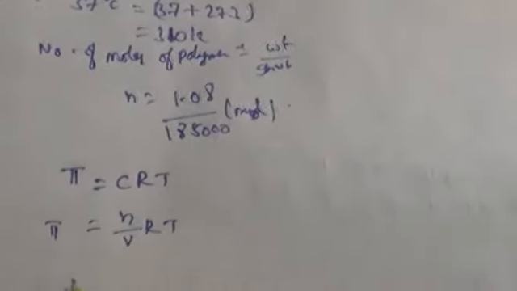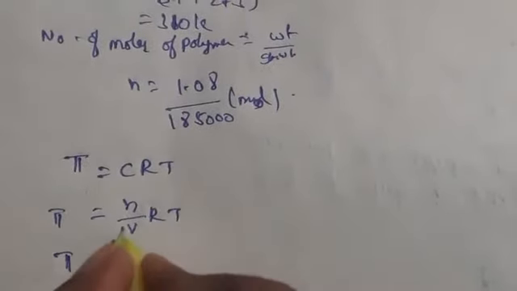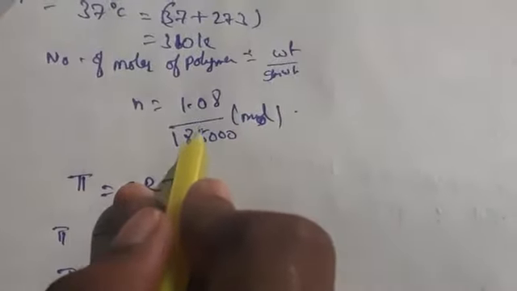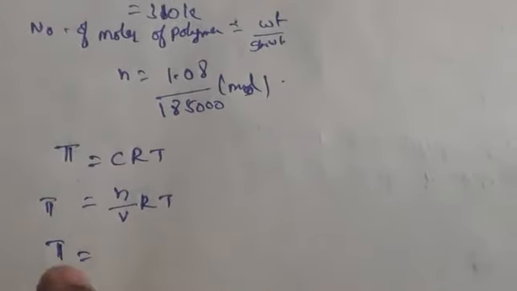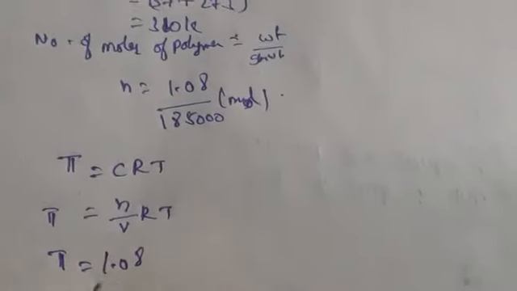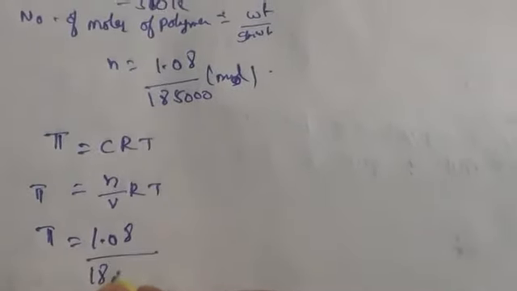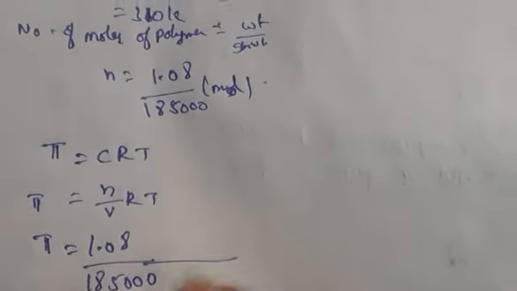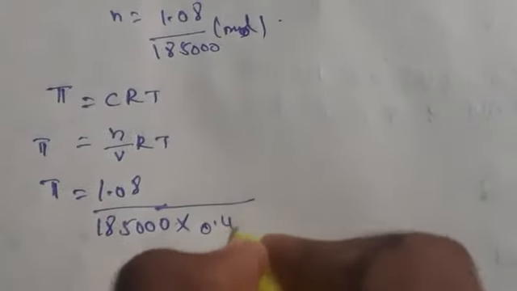So pi is equal to n by V RT. Where n we are getting 1.08 by 185,000, into V, which is 0.45.